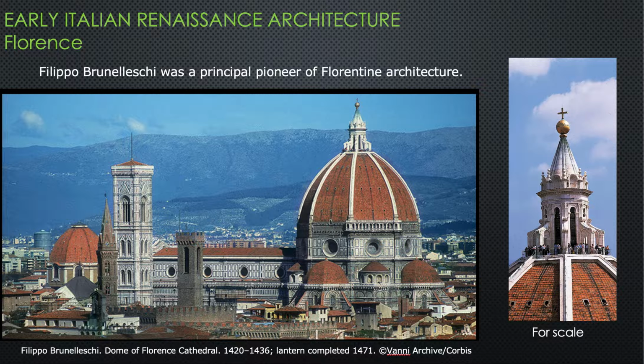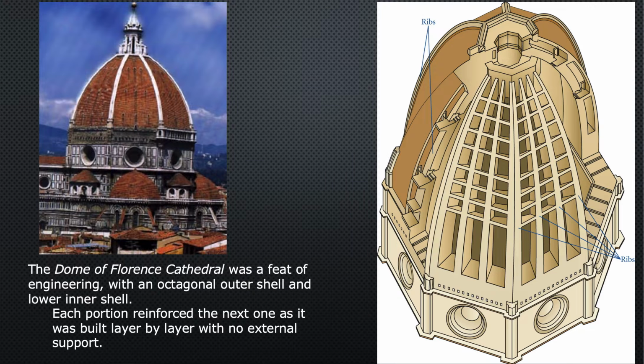So Filippo Brunelleschi was the man who solved the problem of the design. There are lots of movies, and it's a popular subject. So if you want to go deep on that and see his solution, you can. The dome of Florence Cathedral was a feat of engineering with an octagonal outer shell and a lower inner shell.